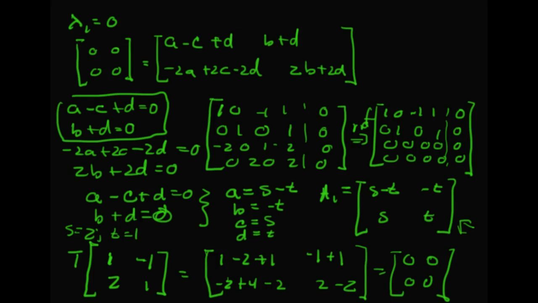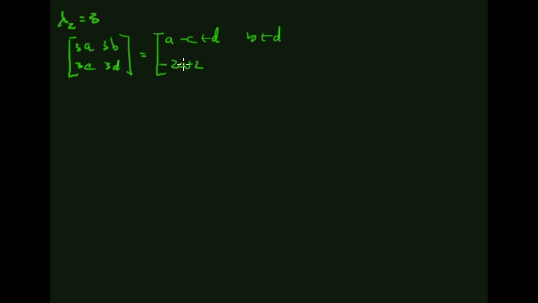So let's look at the eigenvalue 3. I should be able to do something very similar. All right, so we're going to say the eigenvalue is now 3, which means if I take 3 times the matrix, I should get back a minus c plus d, b plus d, negative 2a plus 2c minus 2d, 2b plus 2d, right?